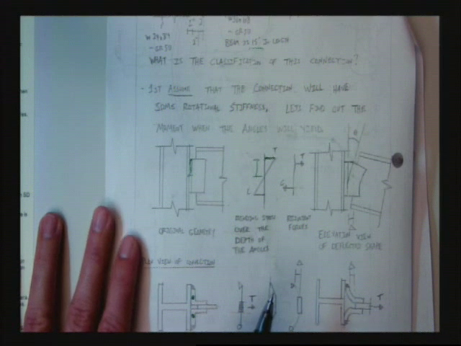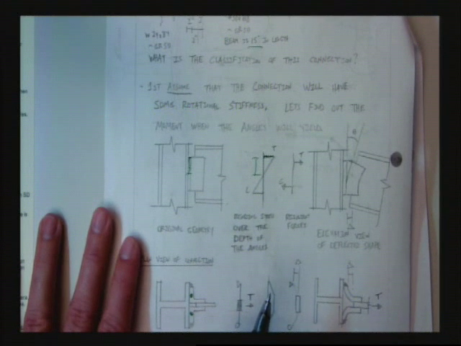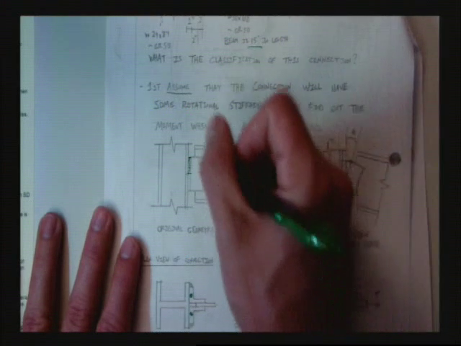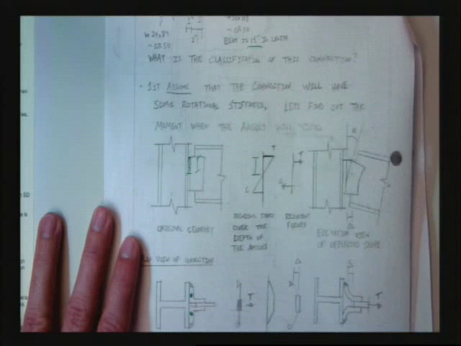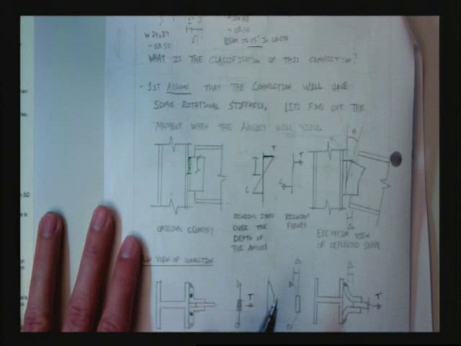It's as good an answer as any. 5 to 10% of what? The distance from the top fiber to the middle. Okay, you could take from the top fiber to the middle. I think you could probably get away with the entire depth.